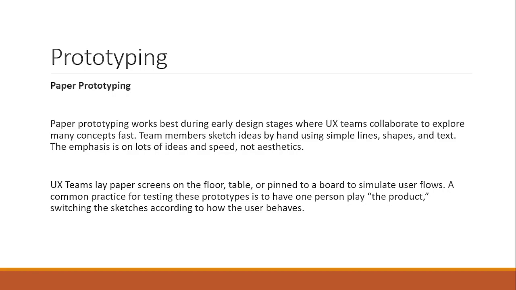They explore different concepts, different ideas that can be implemented. Team members sketch ideas by hand using simple lines, shapes, and text. The emphasis is on exploring a lot of ideas and speed, not aesthetics. The focus is on exploring different ideas that can be implemented in your application, and exploring them very quickly.